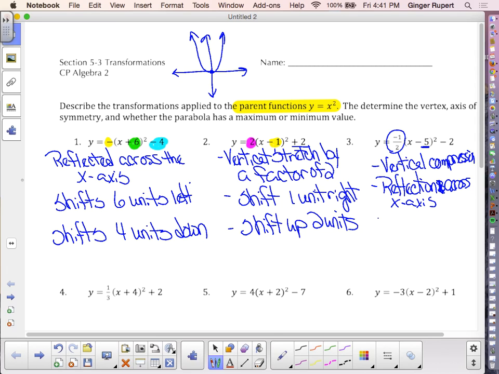The 5 tells me it's shifted 5 units to the right. And the minus 2 tells me it's shifted down 2 units.